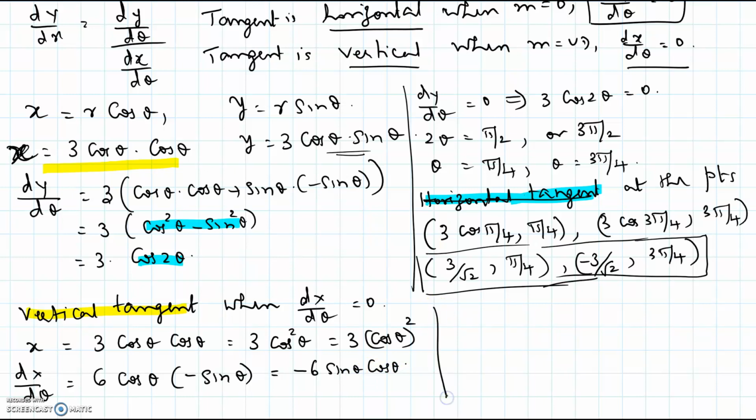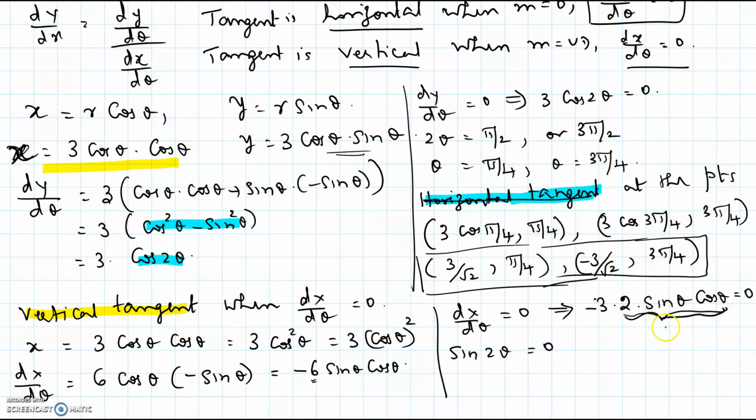In other words, dx by d theta equal to 0 means negative 3 times 2 times sine theta cosine theta equals 0. The reason I wrote 6 this way is that 2 sine theta cosine theta has a nice formula. This means sine of 2 theta equals 0, because 2 sine theta cosine theta is sine of 2 theta from trigonometry.